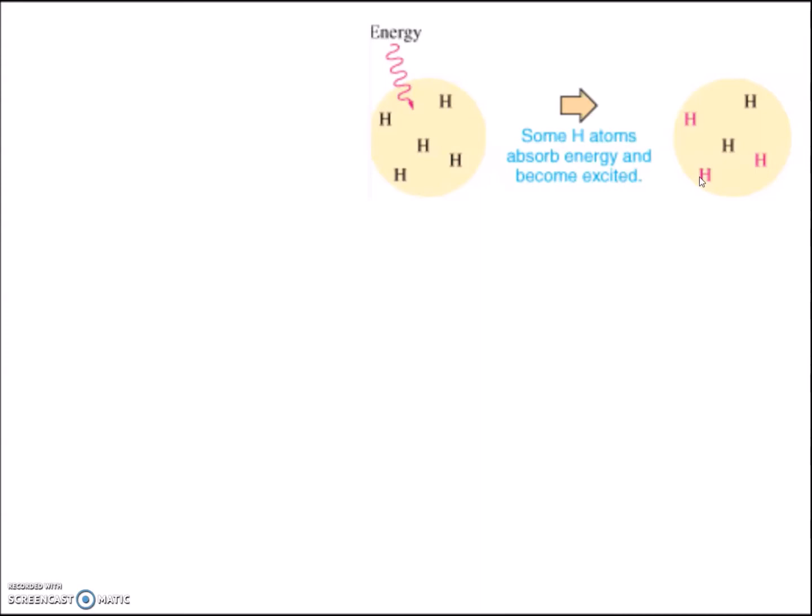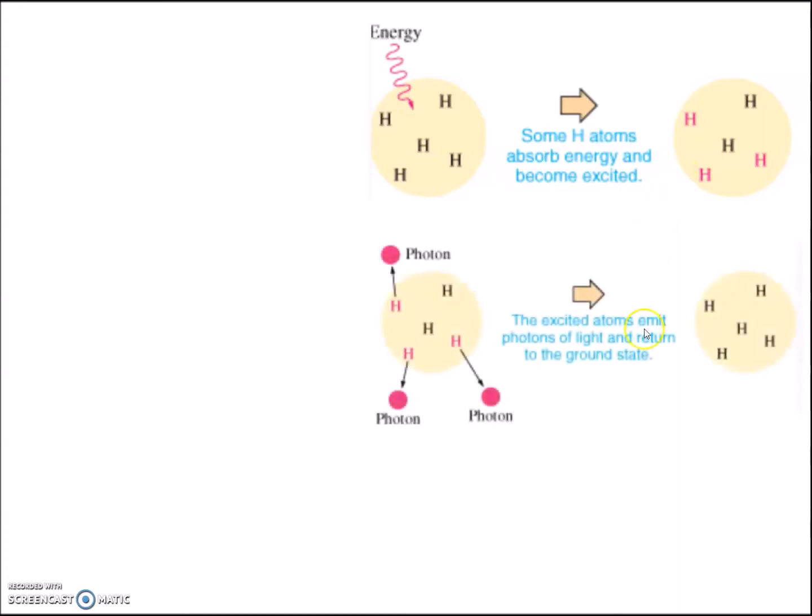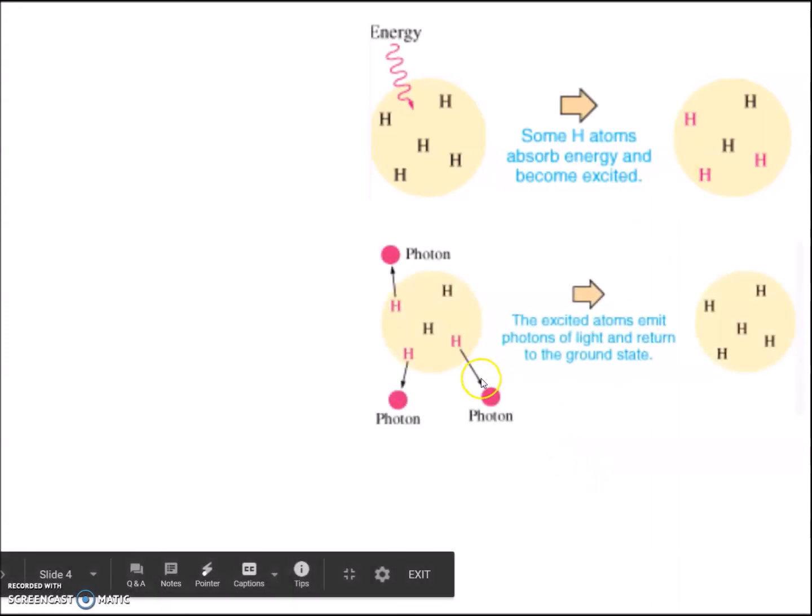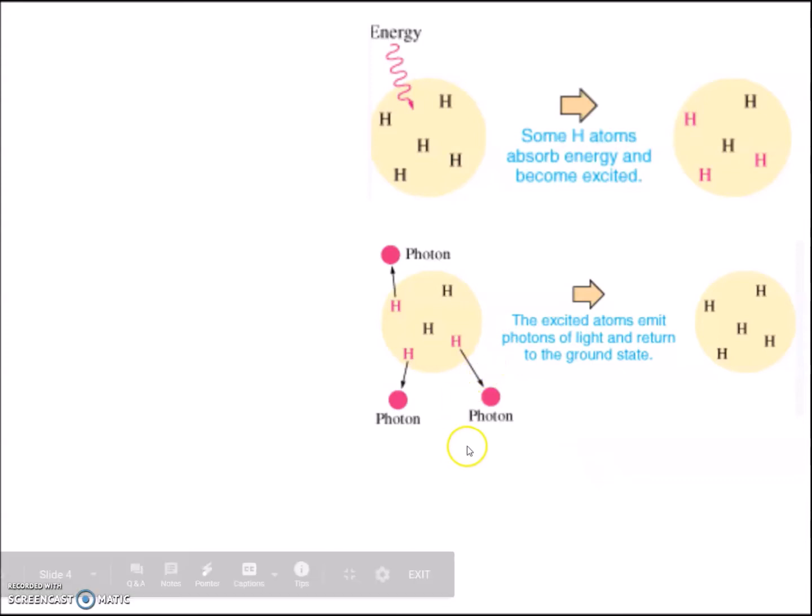Just the ones that happen to have excited electrons would be the ones that emit photons when they go back to ground state. The excited electrons eventually would fall back to ground state, and upon doing that, they're emitting a photon of a specific wavelength upon returning back to ground state. In the diagram, the reddish H's are the excited H's.